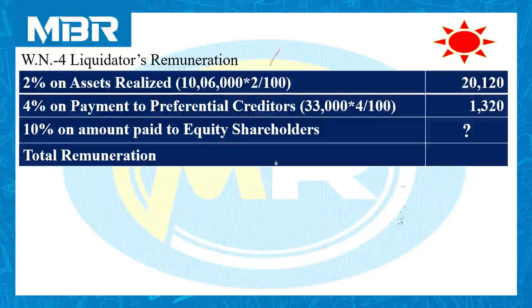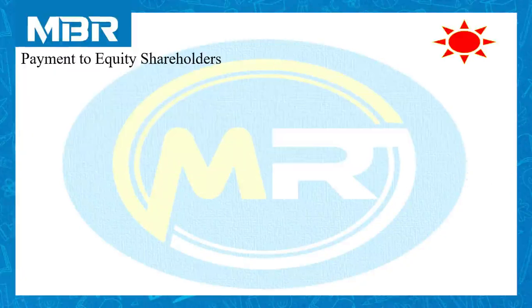So until we calculate the amount paid to equity shareholders, it is not possible for us to calculate the total remuneration paid to the liquidator. So first of all, we have to calculate the payment to equity shareholders.